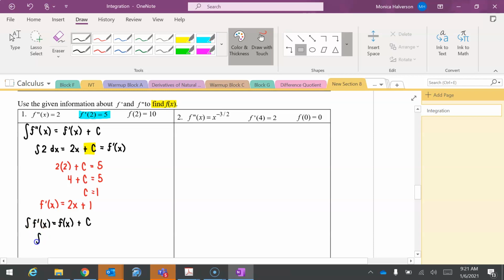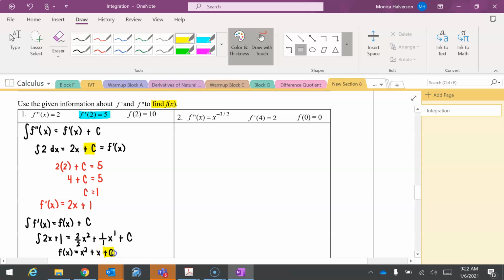So here, we're going to take the antiderivative of 2x plus 1. Well, the antiderivative of 2x plus 1 is going to be 2 over 2 x squared plus 1 over 1 x to the first plus c. So we know at this point that our original function is equal to x squared plus x plus c.